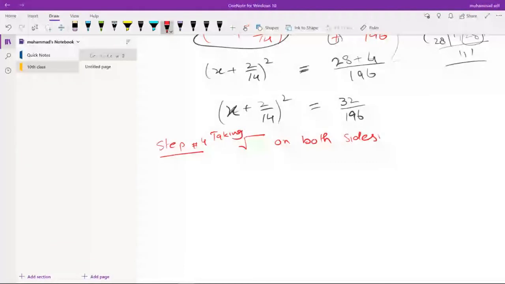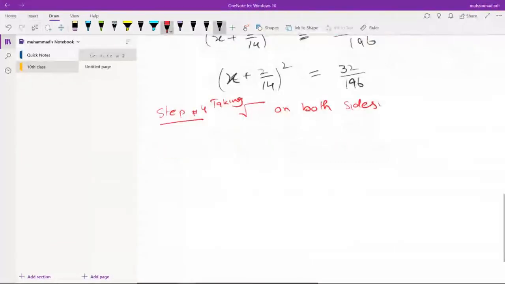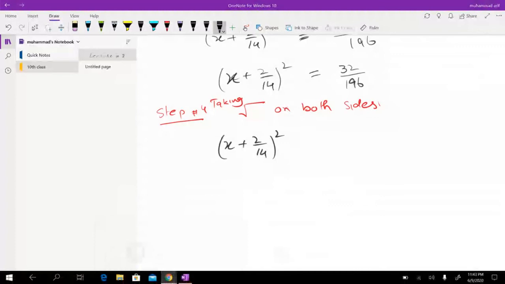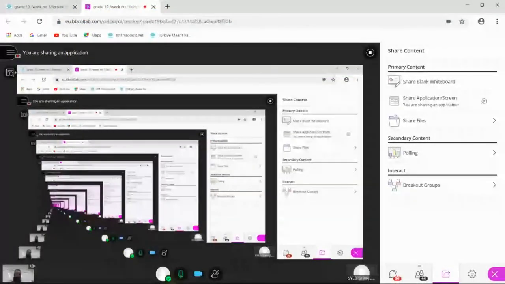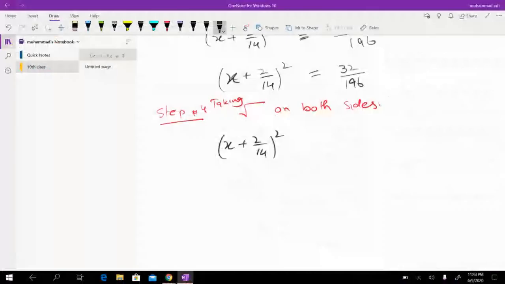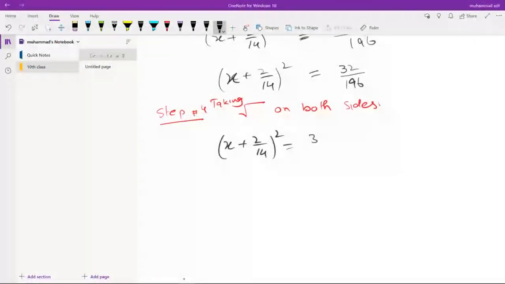Taking square root on both sides, x plus 2 by 14 whole square equals 32 by 196.